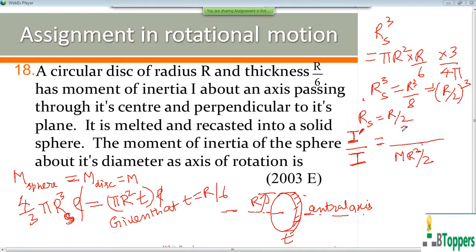I dash is the moment of inertia of the sphere about one of its diameters, which you can write 2 by 5 times m into the square of the radius of sphere.